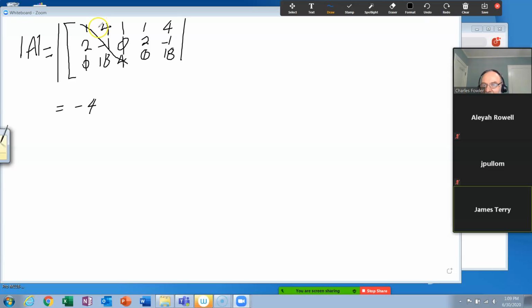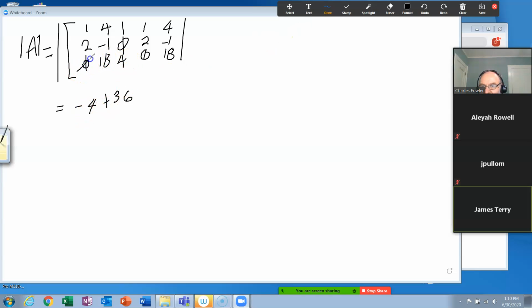Do the next down diagonal, and what do we get? Okay, do the next down diagonal, and we get plus 36. Now just because I'm used to doing it this way, I'm going to take out those three construction lines.